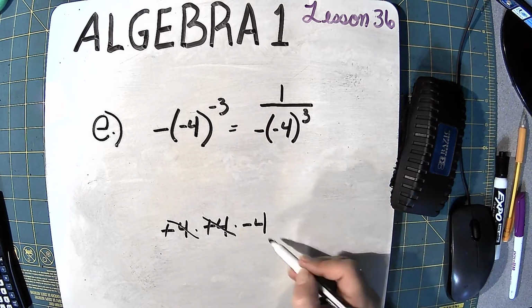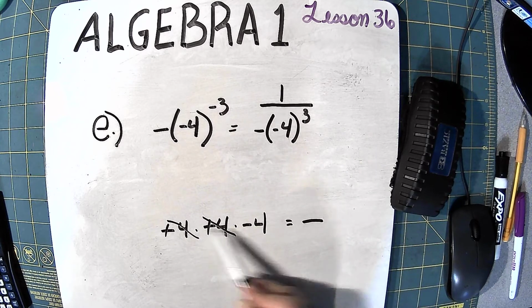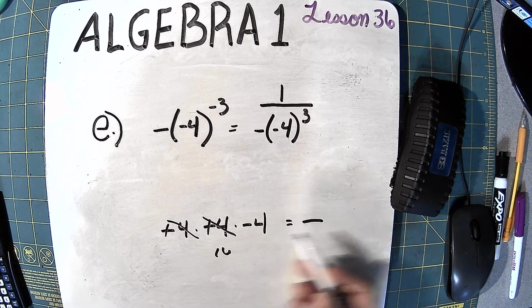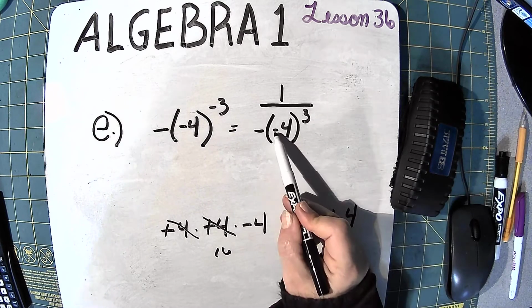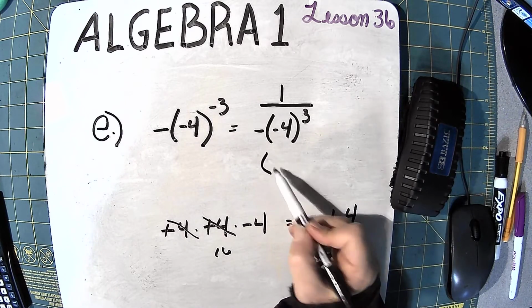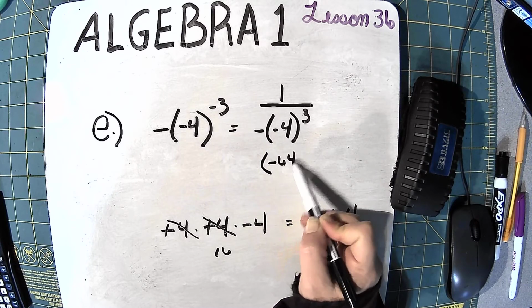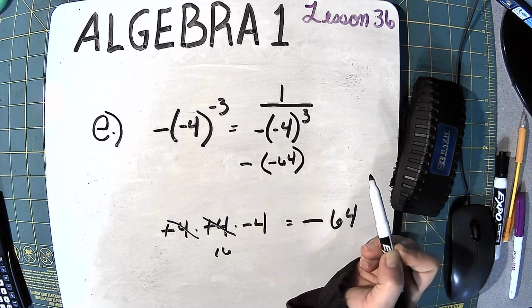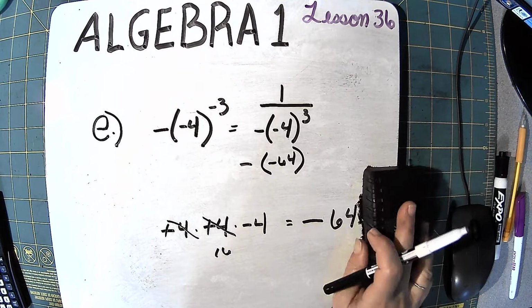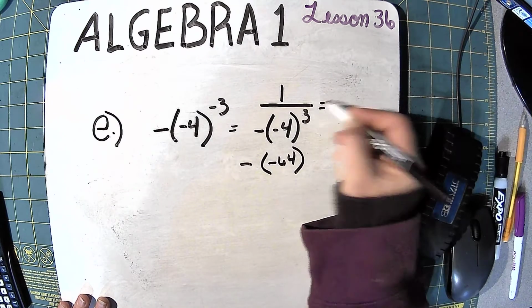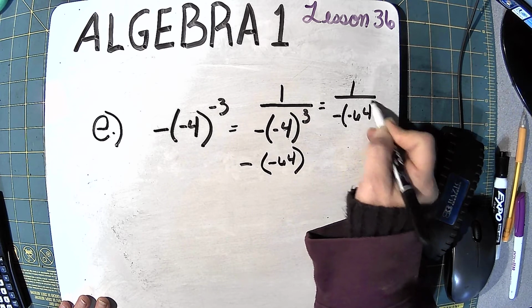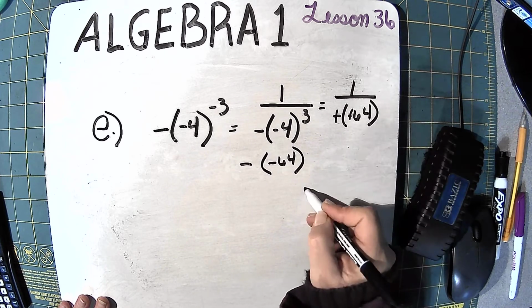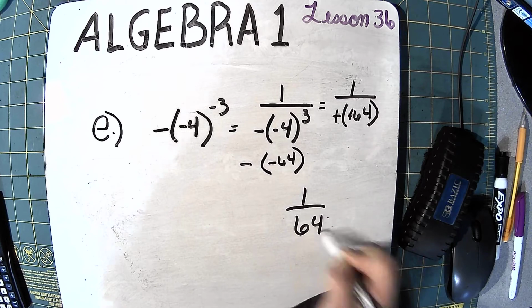See, those cancel, and I'm going to end up with a negative number. 16 times 4 is 64. So, inside of here, I would have negative 64. Okay, these are going to cancel, so I'll have 1 over 64. Should be the answer to that one.